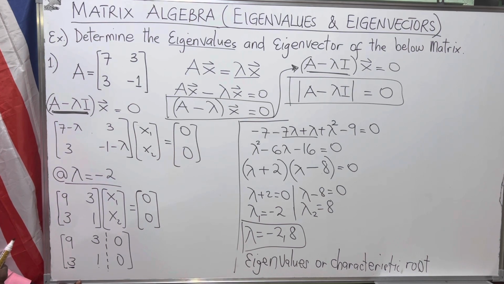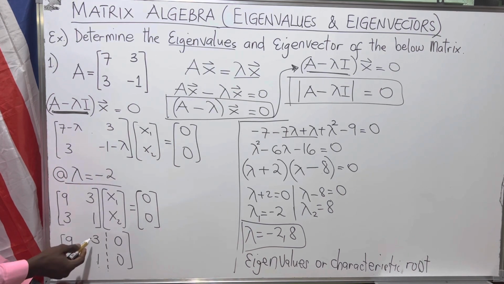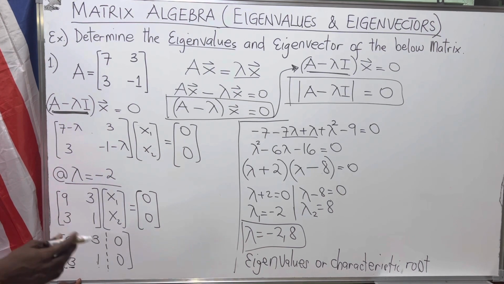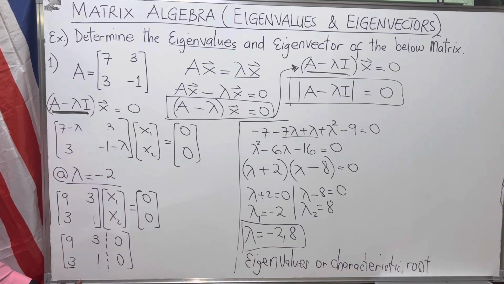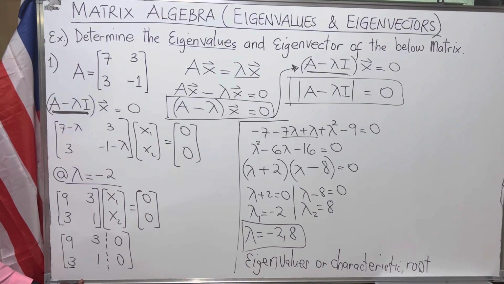It's not really a problem; we can put it in either row echelon form or reduced row echelon form, and we still find the value.